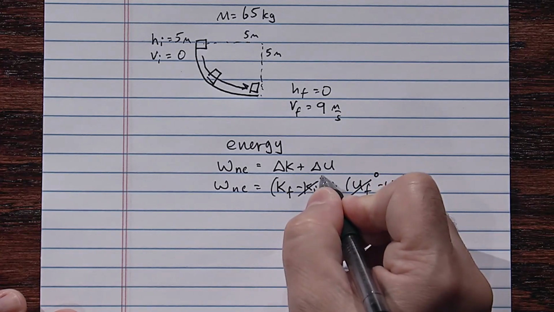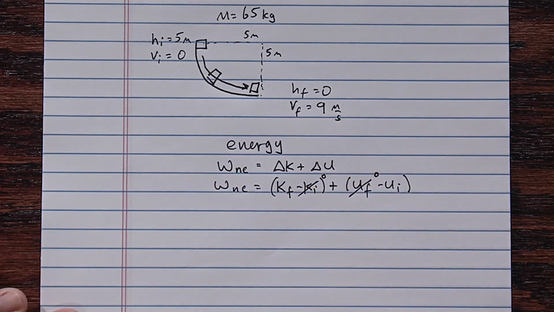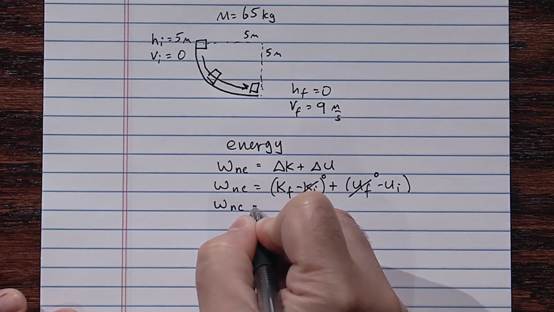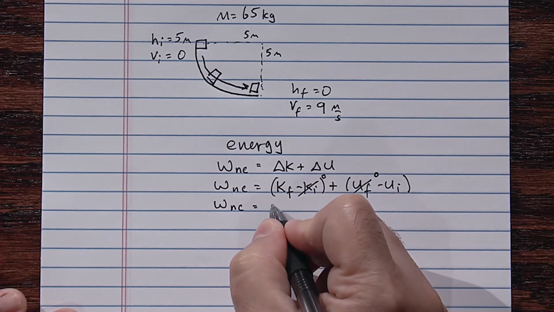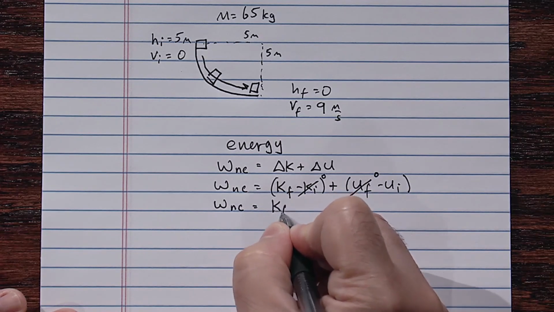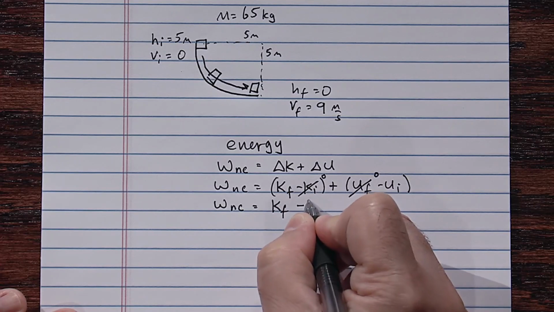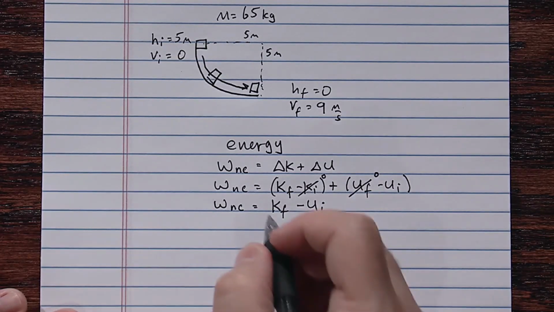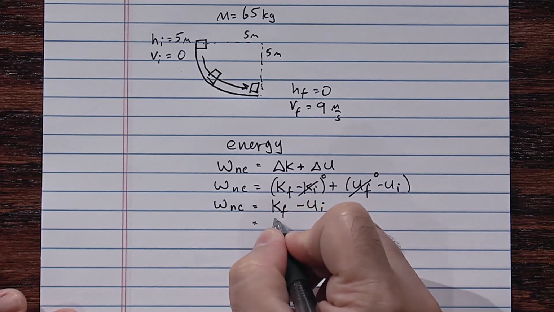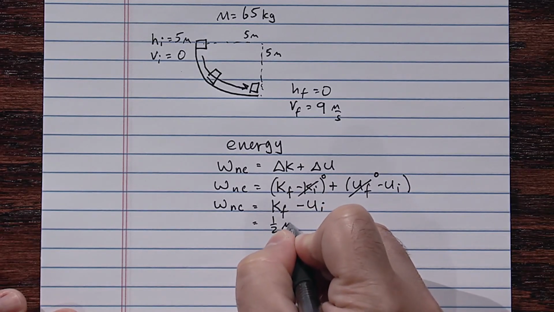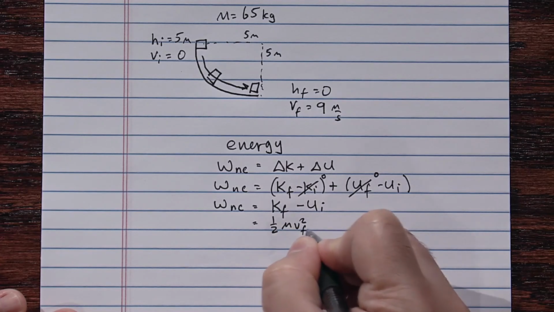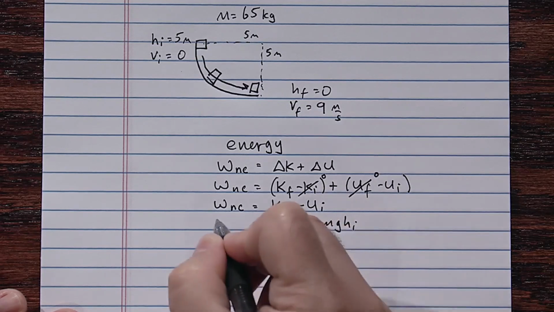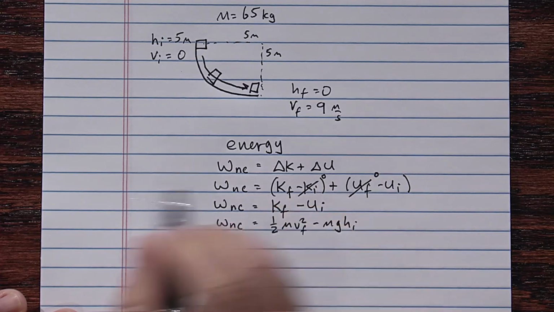So we have the work done by non-conservative forces is equal to kinetic energy final minus potential energy initial. Kinetic energy final would be 1/2 m v final squared, minus mg height initial. That's the work done by non-conservative forces.